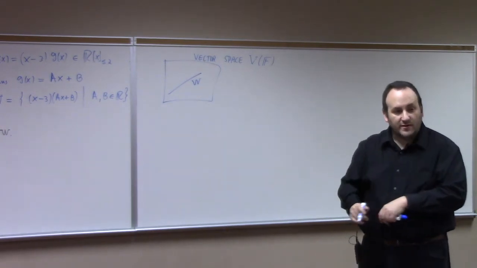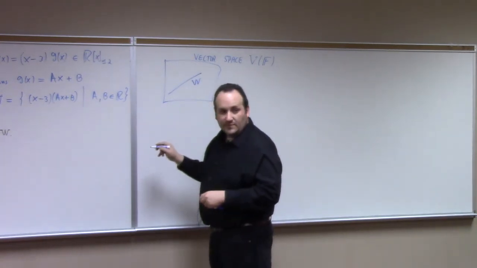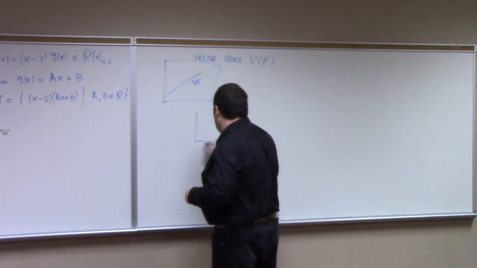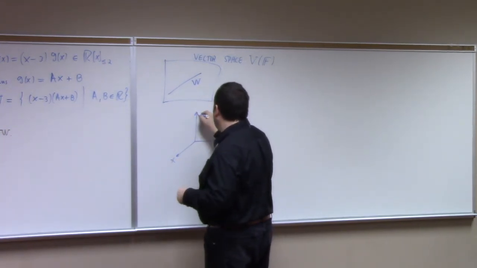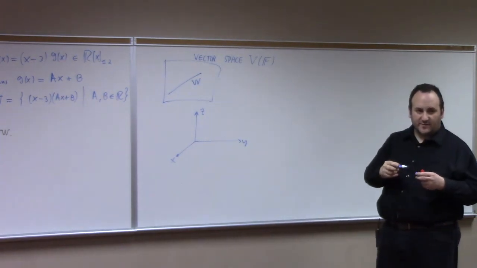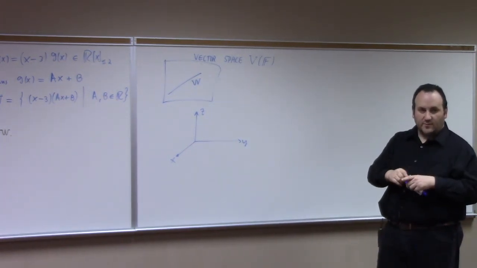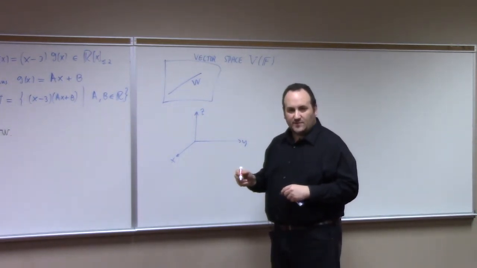Let me be more geometric for a second here. In R3, here's a picture of R3, calculus 3 style, X, Y, Z. There are really kind of two interesting kinds of subspaces, right? There's the boring one, which is just the origin by its lonesome.